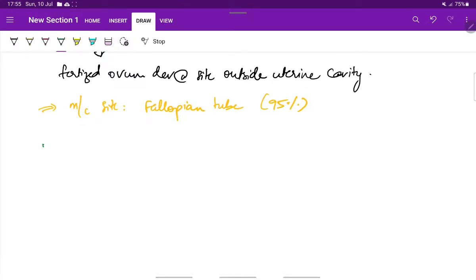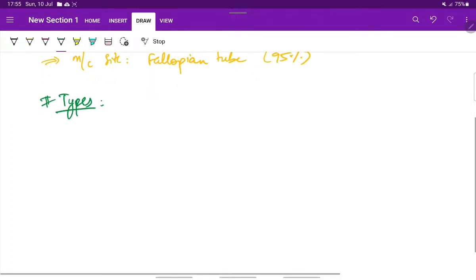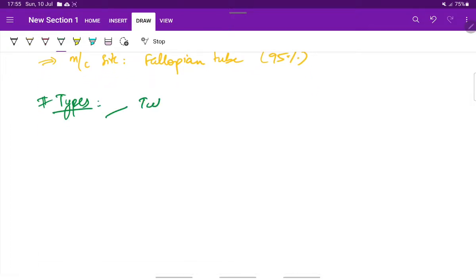Now let's see the types of ectopic pregnancy. The types include tubal pregnancy, which is in the fallopian tube. Next, pregnancy in a rudimentary horn of the uterus.